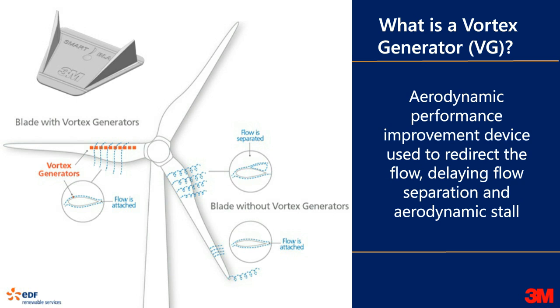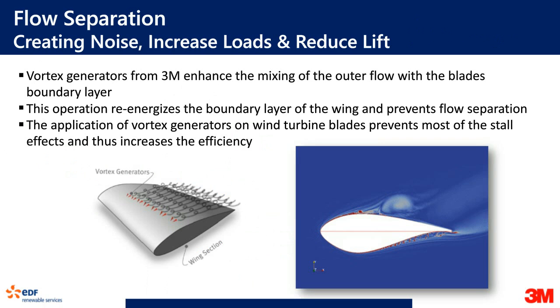Vortex generators have been in the market for a very, very long time, in aerospace and many other industries. However, there are some challenges that need to be solved from an industry standpoint for it to be very effective for us.